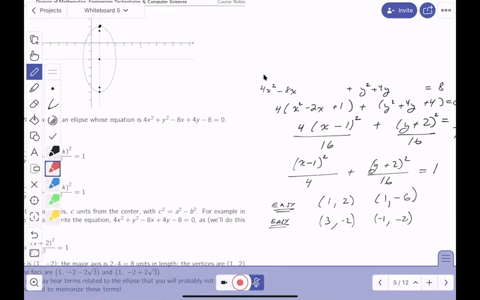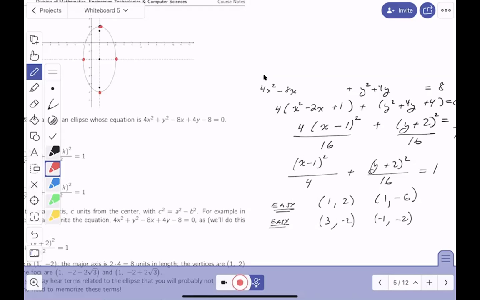By the way, for students that have a hard time seeing, you can blow these graphs up with your finger. (1, -6). All right, what's the other point I see? (3, -2). What's the other point I see? (-1, -2). I hope you realize you're seeing 4 characteristic points on that.